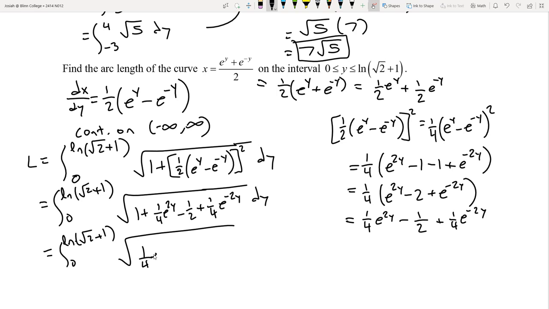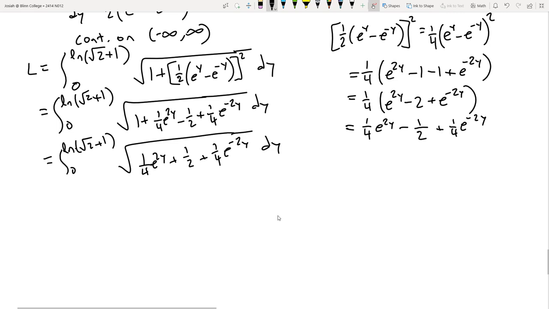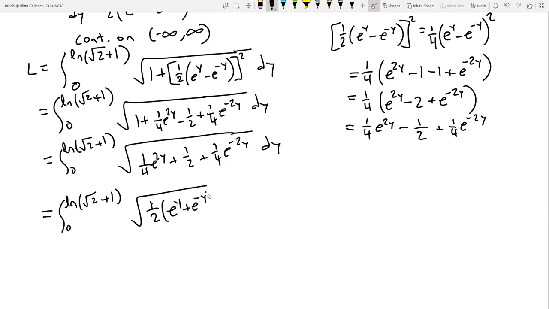So 1/4 e to the 2y plus 1/2 plus 1/4 e to the negative 2y dy. And we factor, right? We use that same idea that we did before. Instead of having the negative inside, we'll have a positive. So this will be 1/2 e to the y plus e to the negative y, quantity squared.